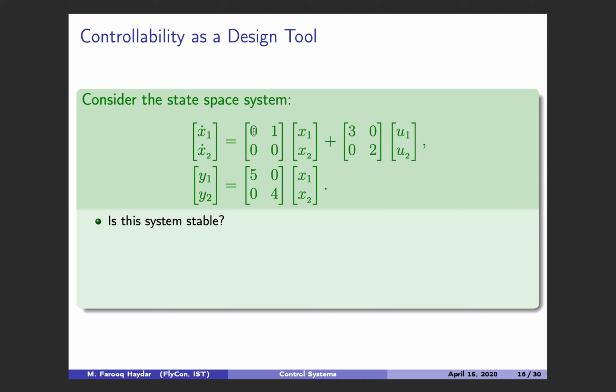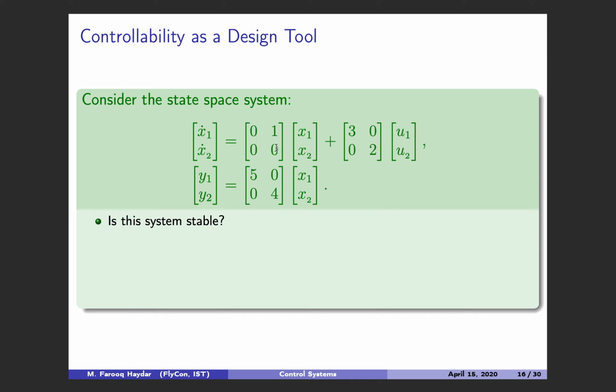It has two zeros on the diagonal, and then there is this one at the off-diagonal position. We know that the eigenvalues of a Jordan block are on the diagonal, so this system has two eigenvalues, at 0 and 0.